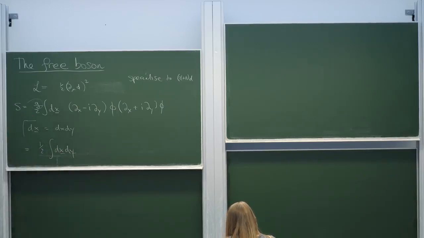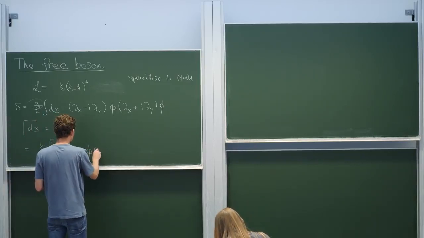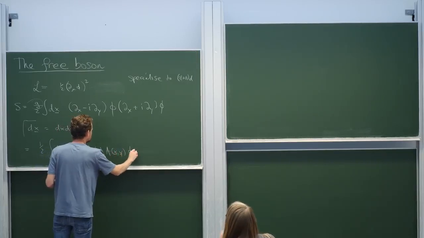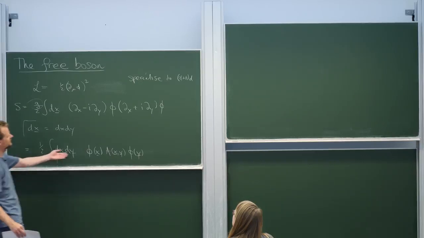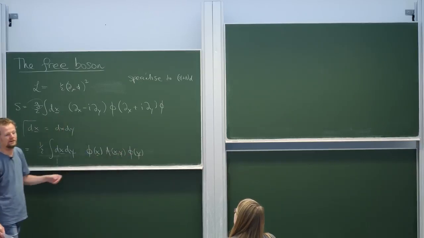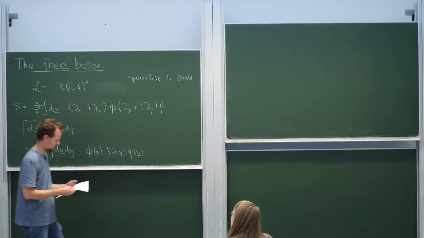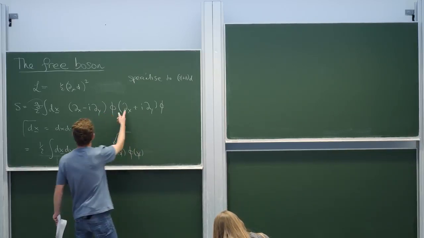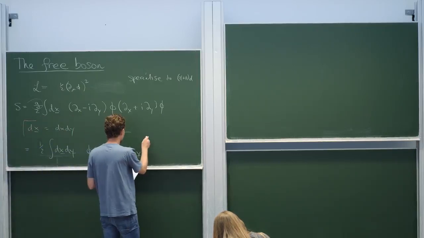Going to write it like a quadratic form, like a vector-matrix-vector equation, because that really helps with path integral quantization, since now it looks exactly like a Gaussian, and we know what to do with Gaussians in path integrals. So now we only have to wonder what is A in this case to make these things equal. If you integrate by parts, then A is a differential operator, it's not a matrix.